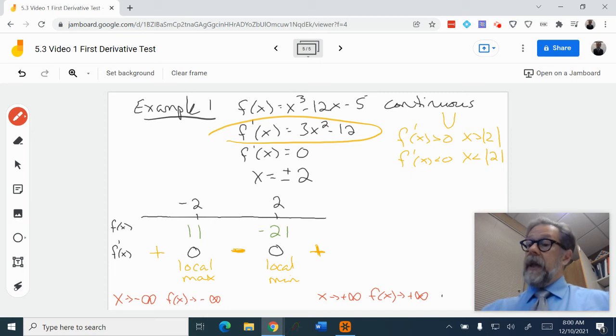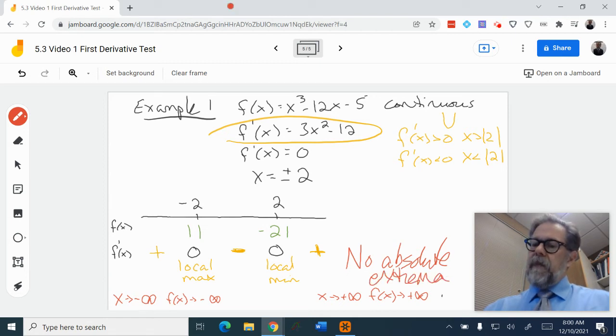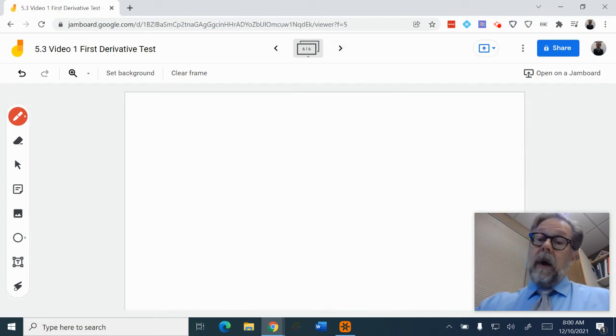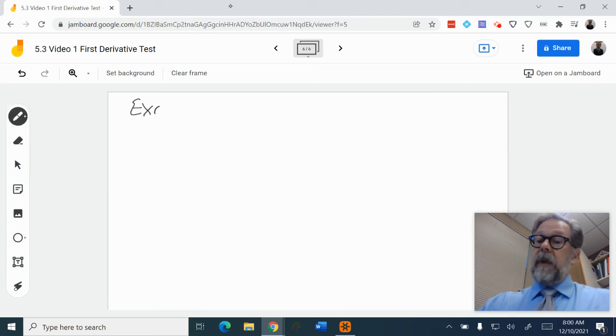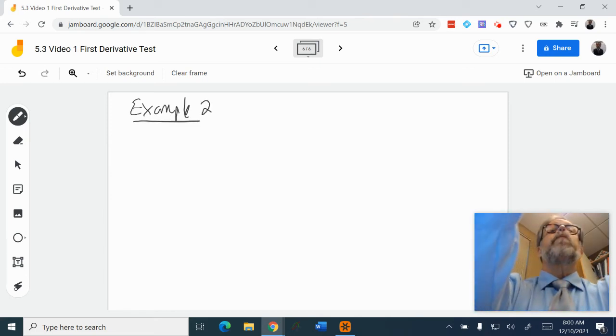I'm just looking at the x cubed value because it is the dominant function. And so what we discover is that there are no absolute extrema. There is only a maximum at negative 2, 11 and a minimum at 2, negative 21, and they are both local. All right. Quick second example, example 2, and then we will be done with this video.